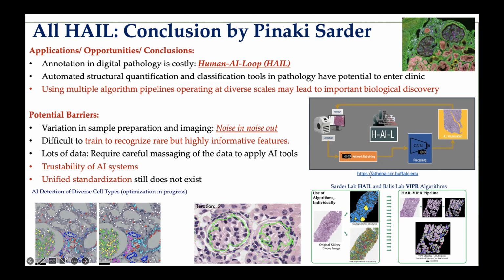Involved in that is Yul Balis's Viper algorithm, which he's presented in the past, and how it interacts with this. He definitely presented that at the Banff meeting, and we're going to include that. That's already in the paper which we're working on, which I'll talk about in a little bit.